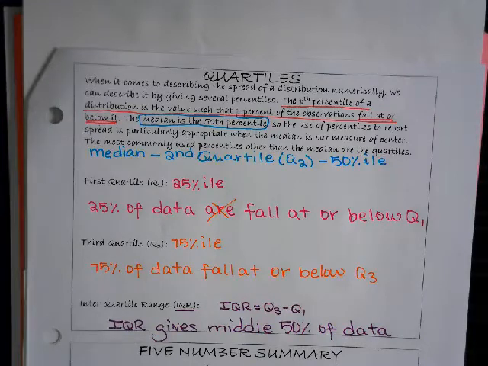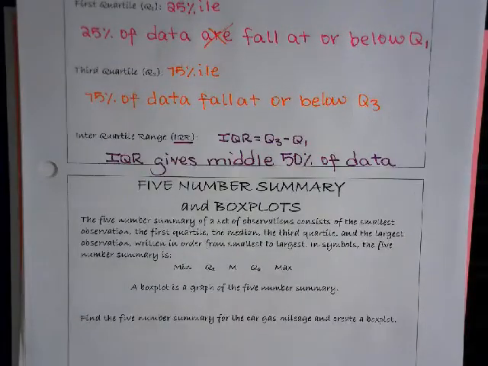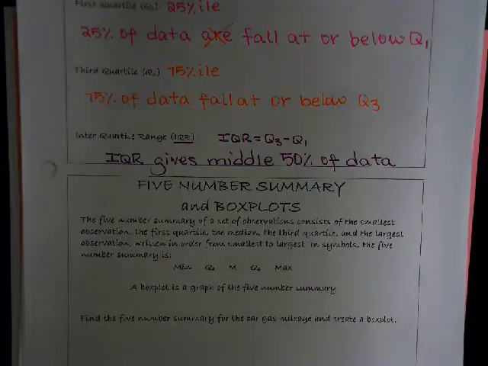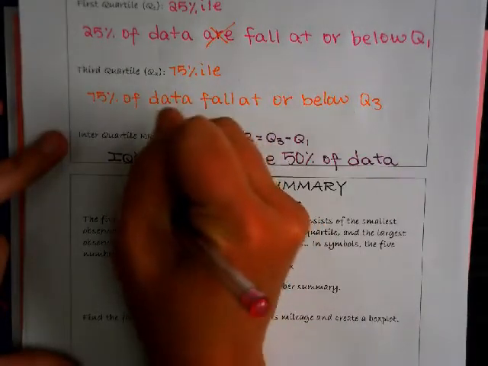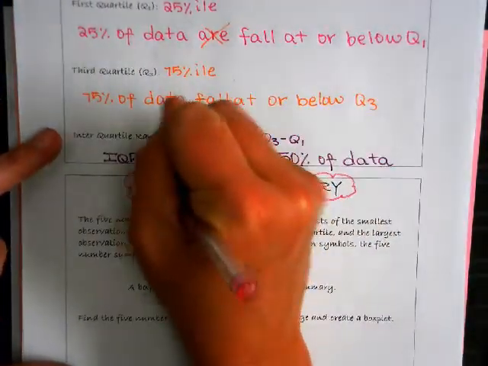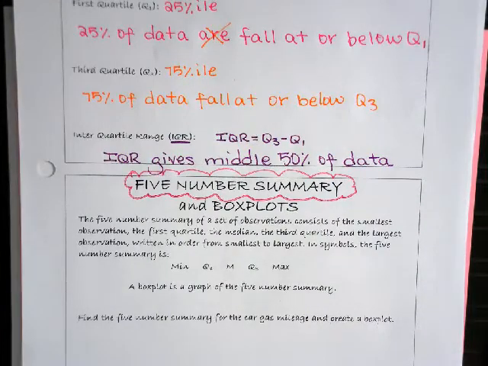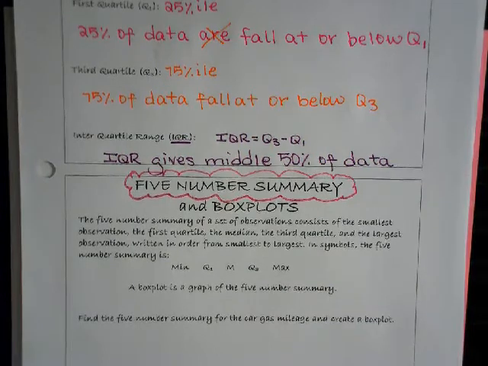All right, 5-number summary and box plots. Somehow, I don't make this stand out to you. Every year, I talk about the 5-number summary, and then on the first test, I ask for it, and kids go, well, when did you teach us that?